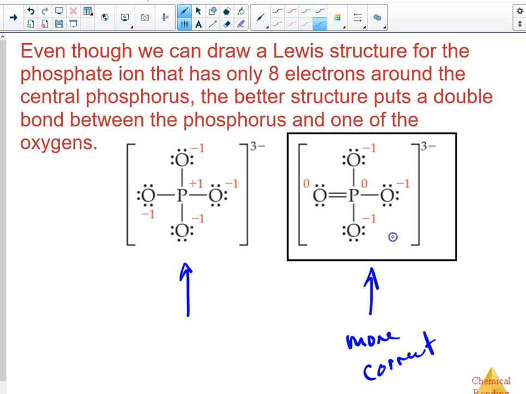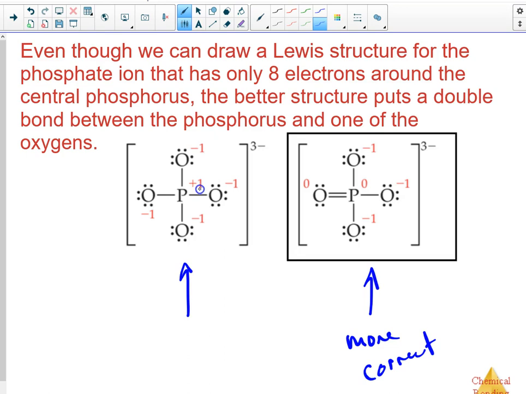The reason why is because we've reduced the charges. There's only 3 total formal charges in this model, and there's no positive formal charge on the one on the right. Here, phosphorus was a +1.